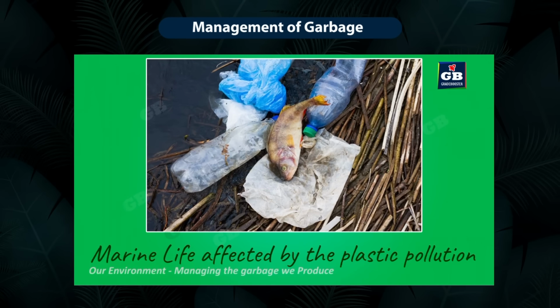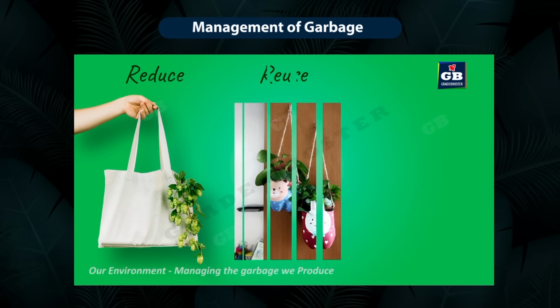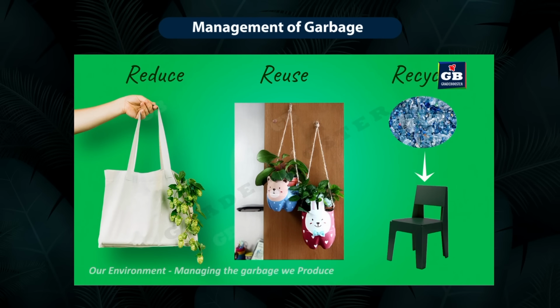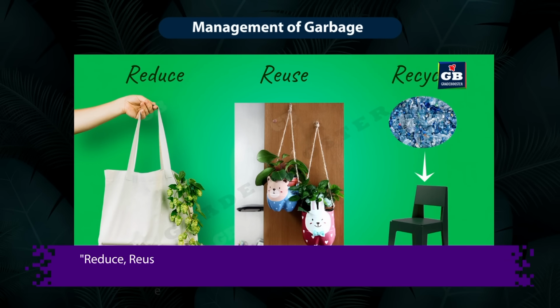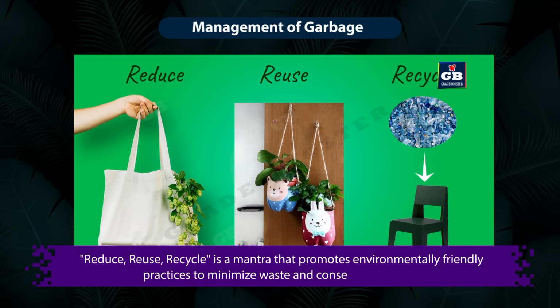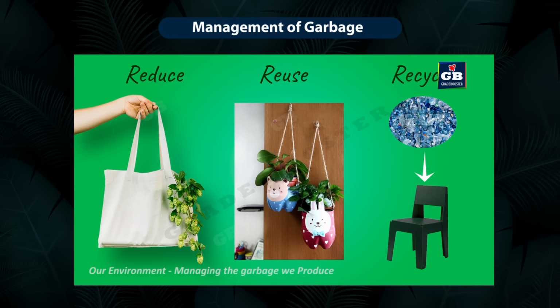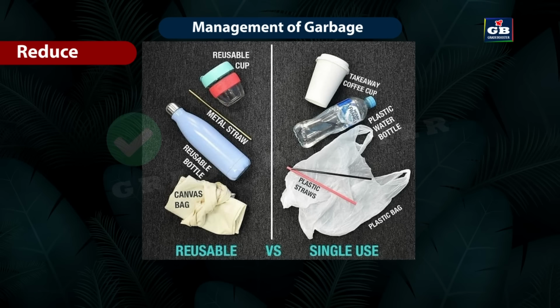The solution is we have to reduce, reuse or recycle the non-biodegradable items. Reduce, reuse, recycle is a mantra that promotes environmentally friendly practices to minimize waste and conserve resources. It's a set of principles aimed at sustainable living and waste management. Reduce.